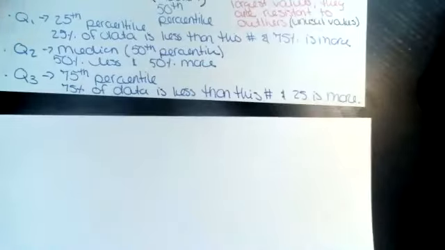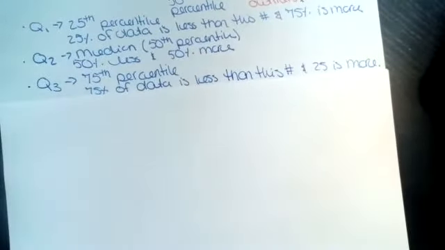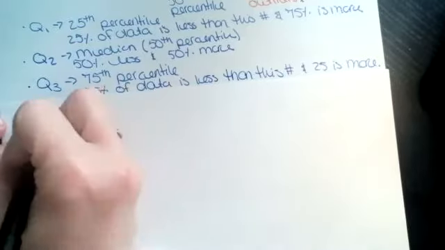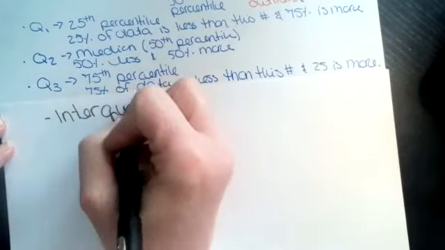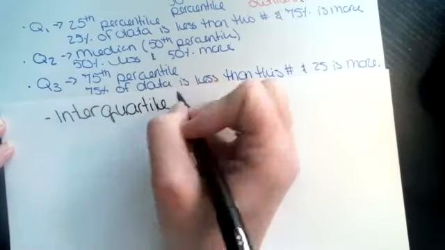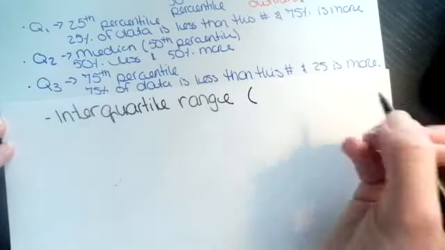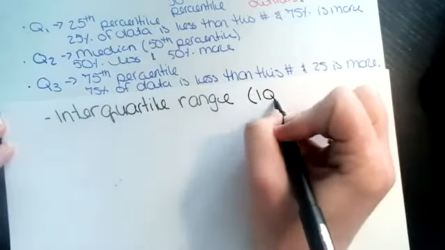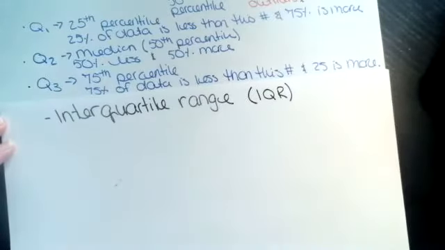So when we have these quartiles, we have something called an interquartile range. And the interquartile range, I never write it out, just that once, it's IQR. So I might say it, but most of the time I probably say IQR.